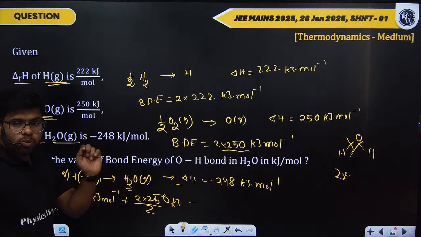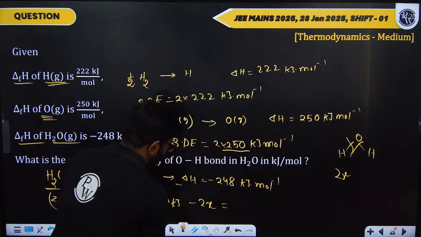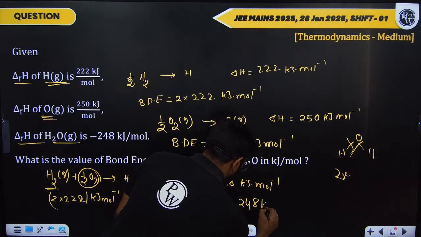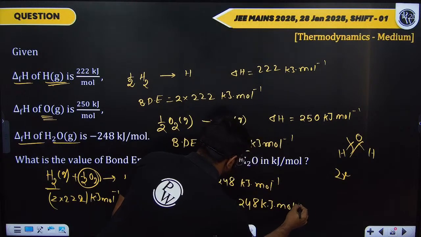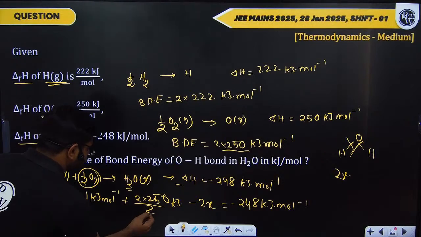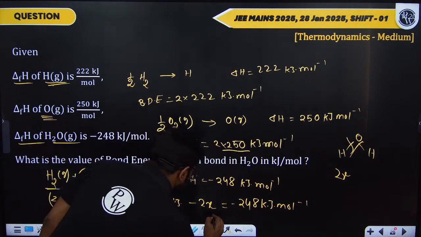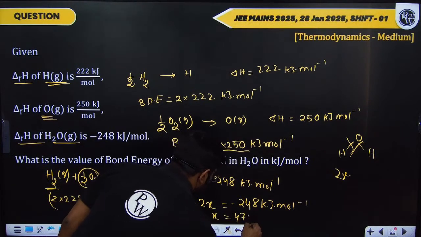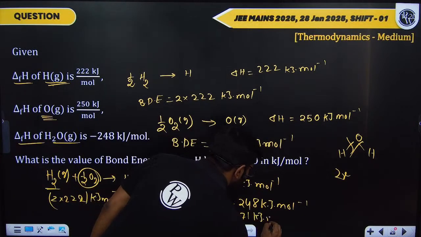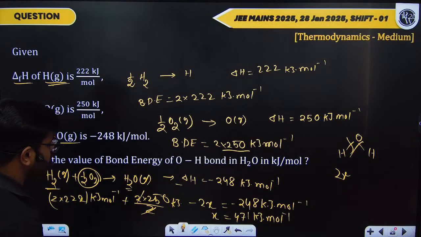Water will be formed, so which bond will be formed? So see, it will be minus X. Solve the question, get the answer. How much cancels? The X value will become 71, correct? That will be the answer. The answer would be 71 per mole.